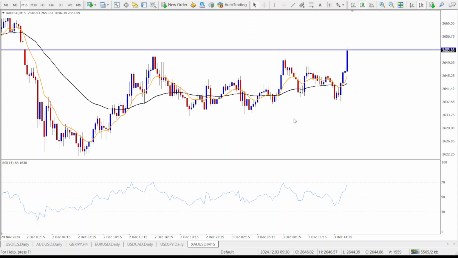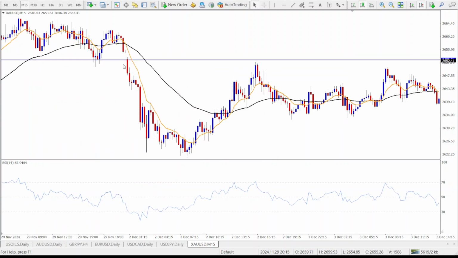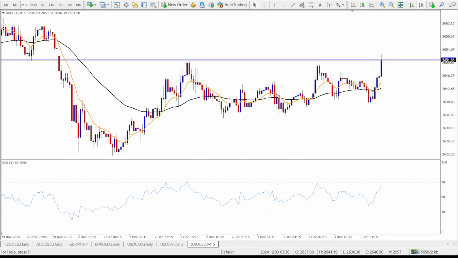Some traders might decide to use just one. When you have price drop below that particular EMA, you have a sell signal, and when you have price rise above that particular EMA, you have a buy signal. But I'm going to recommend using 2.